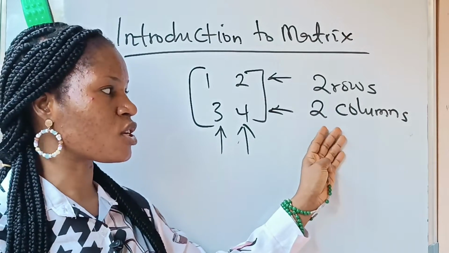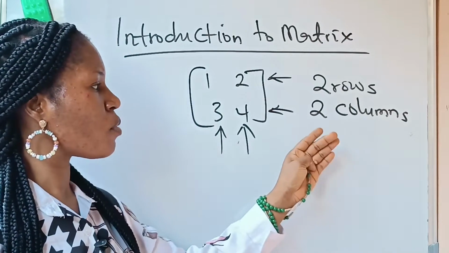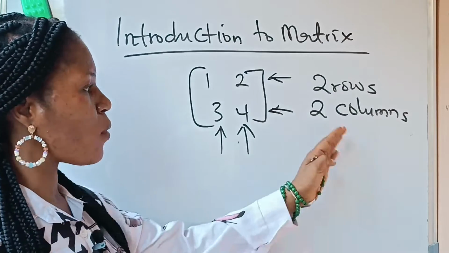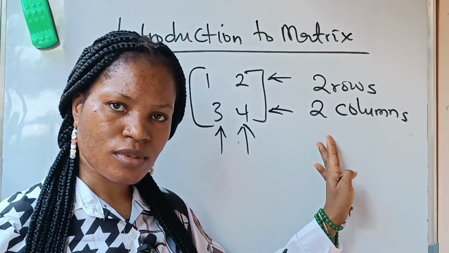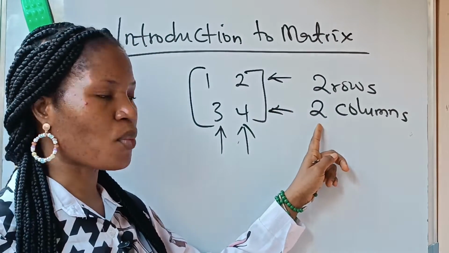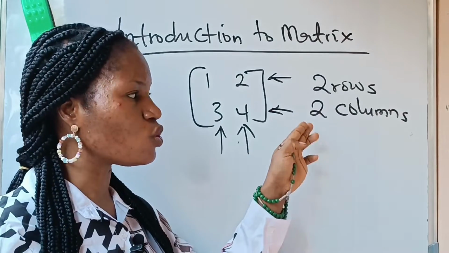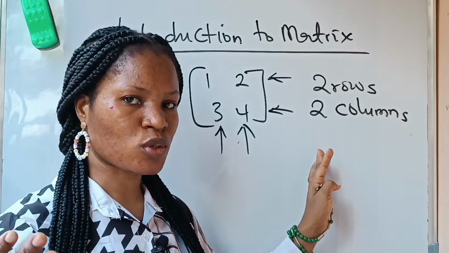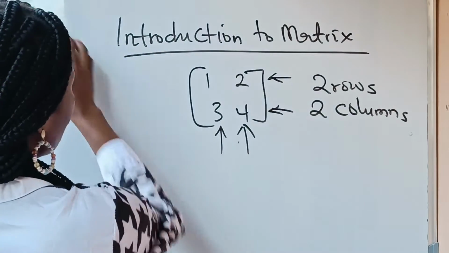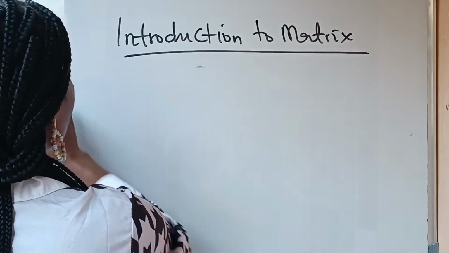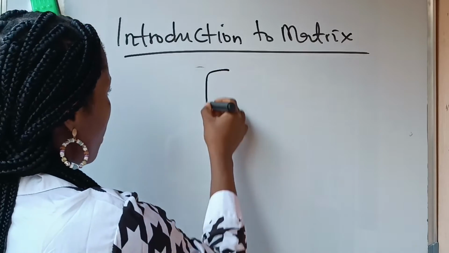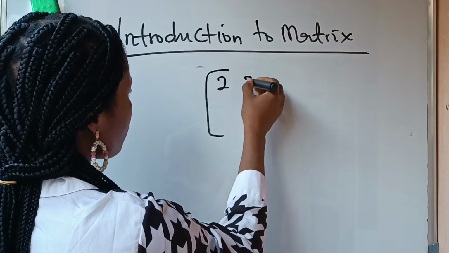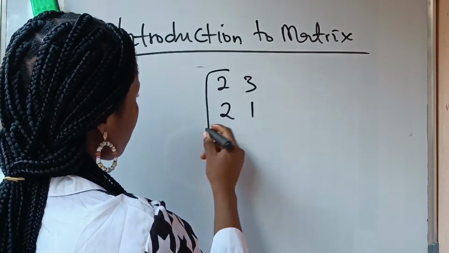I would like you to pay attention and follow me so that you will know why we are learning these rows and columns. I'm going to give one more example and then we are going to switch to the use of rows and columns in naming the order of a matrix. To be sure that you understood what I explained, how many rows and columns does this have?